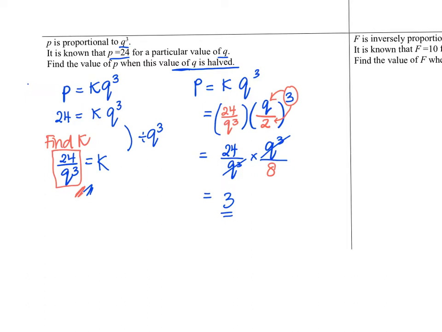Now we move on to the next question, slightly similar to this type of pattern. In this question, f is inversely proportional to the square of d. The moment we see this phrase, square of d, we put d squared. So inversely proportional, let's write down the equation first: f equals k over d squared.